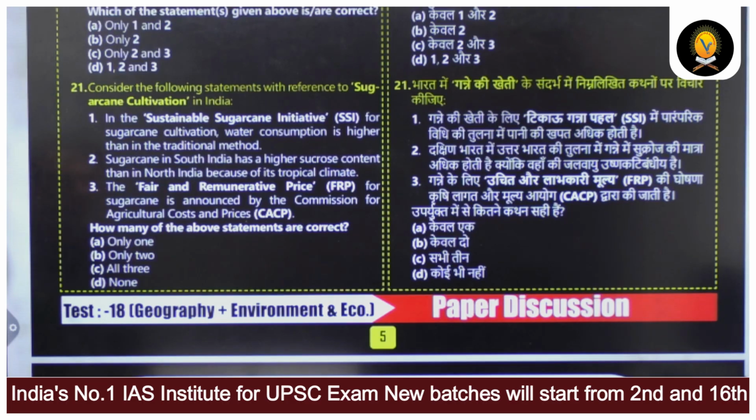The sucrose content is also very high in the northern; the sugarcane in South India has a higher sucrose content than North India because of its tropical climate, moist climate. So, 1 and 3 are correct, only 1.